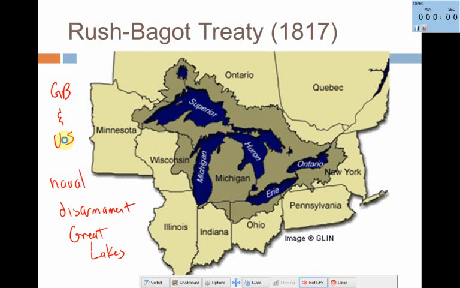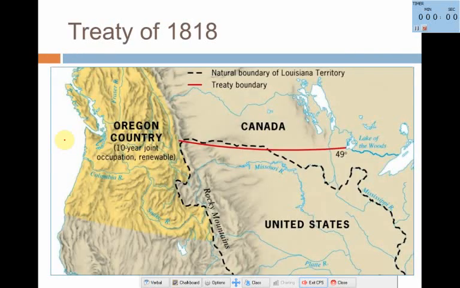Next act that followed was the Treaty of 1818. And the Treaty of 1818 did two things. Number one, it established the Canadian-American border at the 49th parallel. You know how the American and Canadian border is like this super smooth line all the way across? That's not because there's a river all the way across America and Canada.